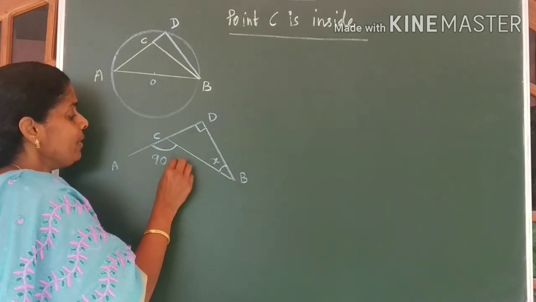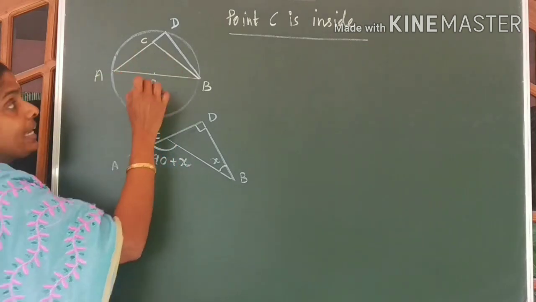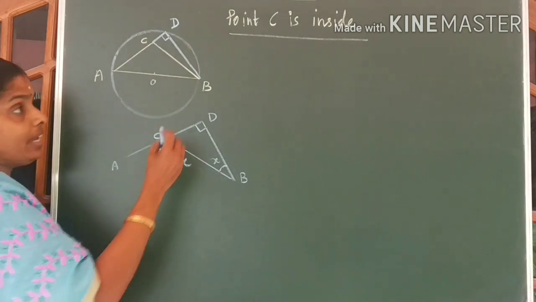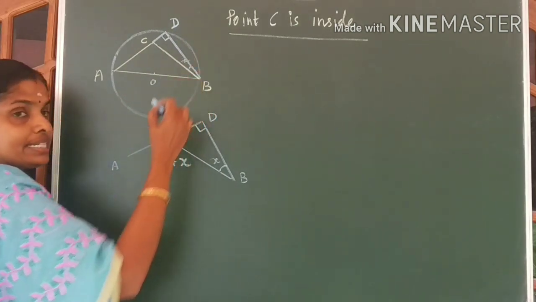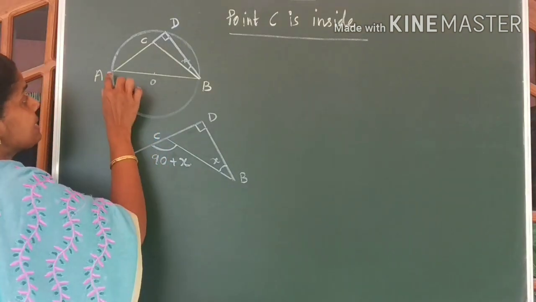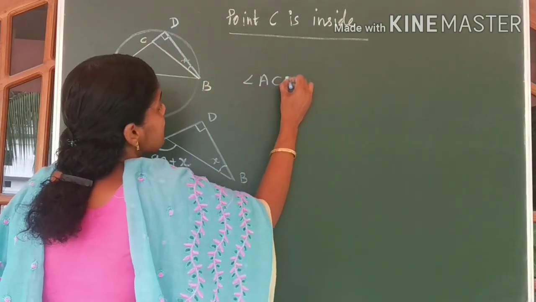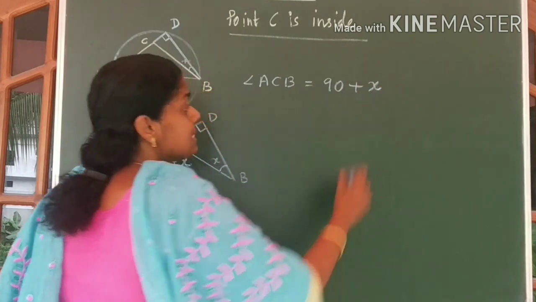So in this figure, I can mark, since this angle is 90 degrees and this angle we don't know, let us consider it to be some x. Then I will be able to get angle ACB. Angle ACB will be equal to 90 plus x.